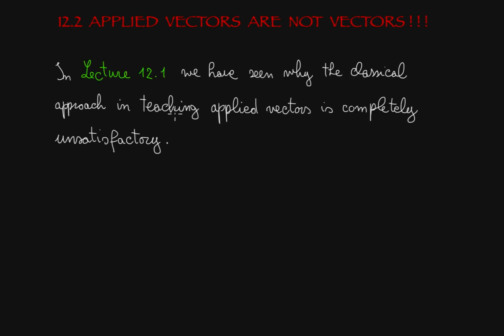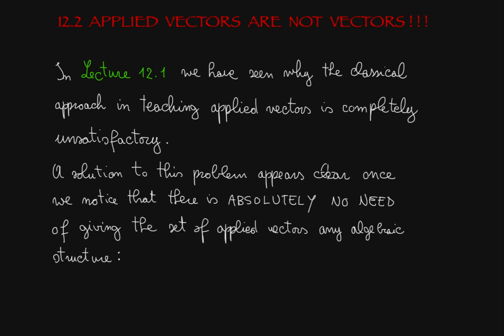In lecture 12.1, we have seen why the classical approach in teaching applied vectors is completely unsatisfactory. A solution to this problem appears clear once we notice that there is absolutely no need of giving the set of applied vectors any algebraic structure.